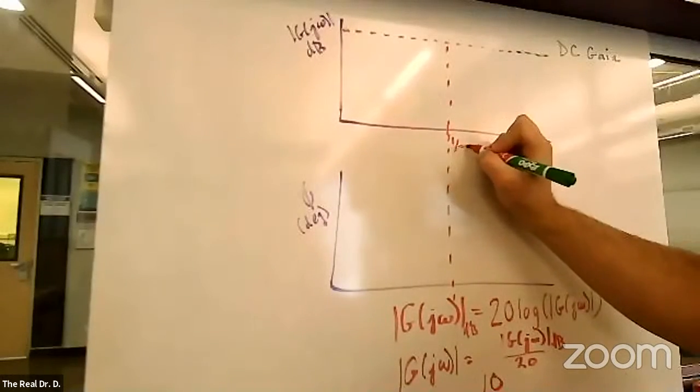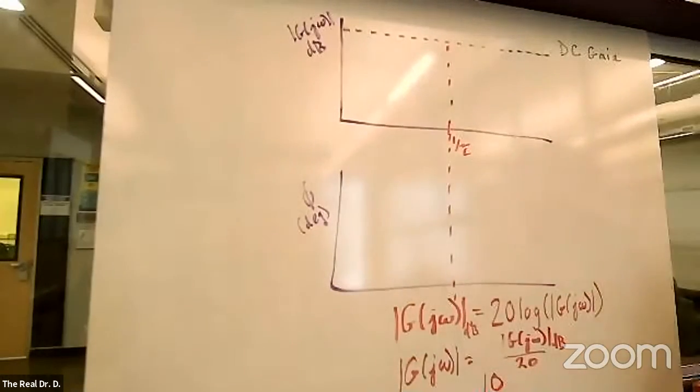We're going to say this is omega C, which for a first order system is 1 over tau. So the corner frequency for a first order system is 1 over the time constant.